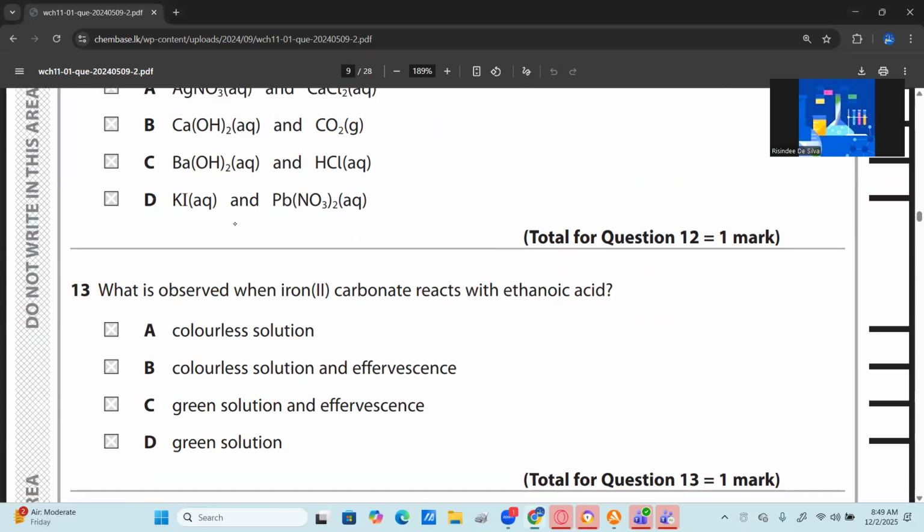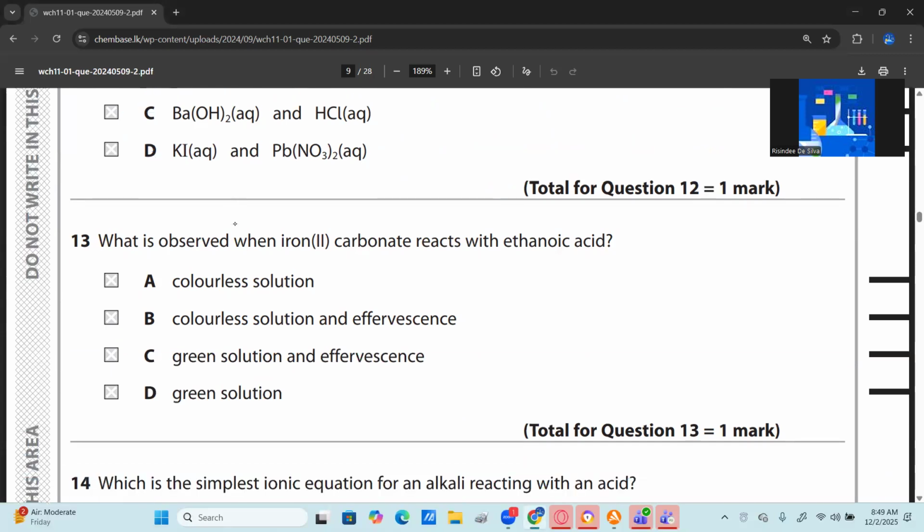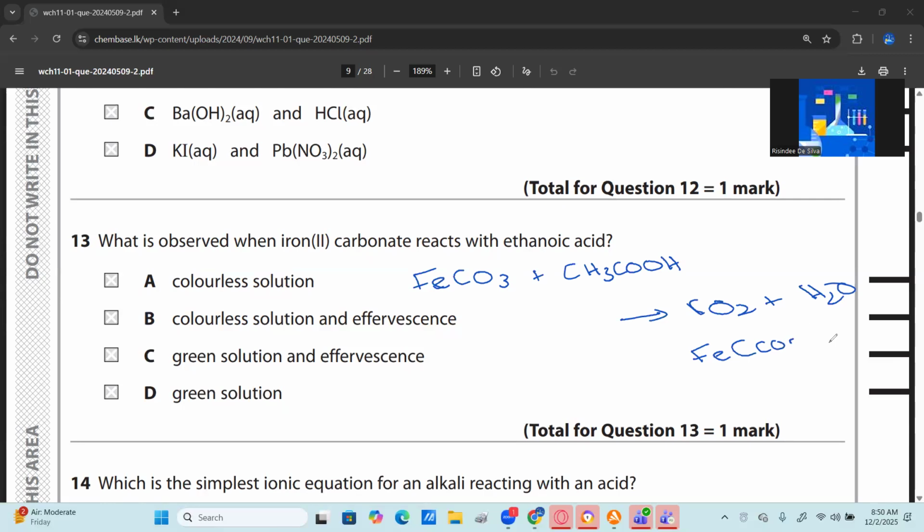Then 13, what is observed when iron(II) carbonate reacts with ethanoic acid? Okay, so iron(II) carbonate is FeCO3. With ethanoic acid, CH3COOH. So what will be formed? We know when an acid reacts with a carbonate, we get carbon dioxide and water, and the salt of the carboxylate ion, that is iron(II) ethanoate.